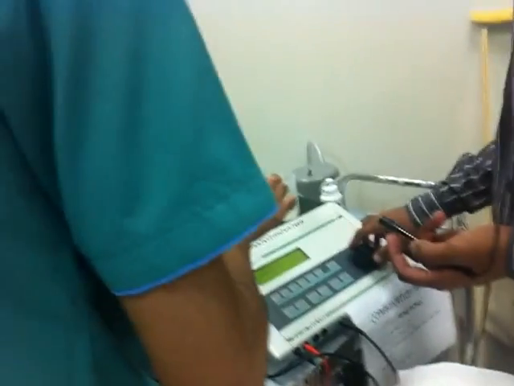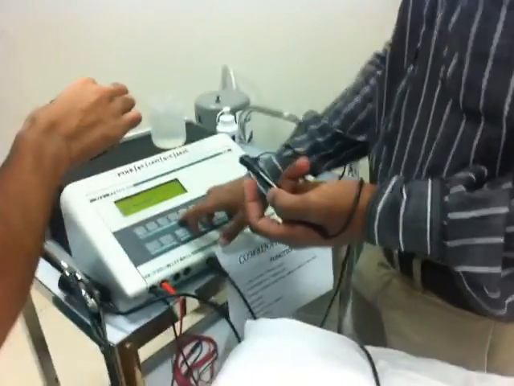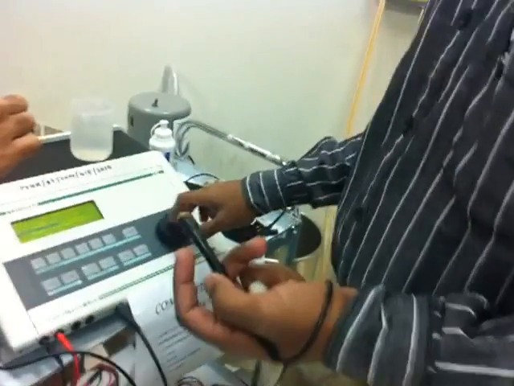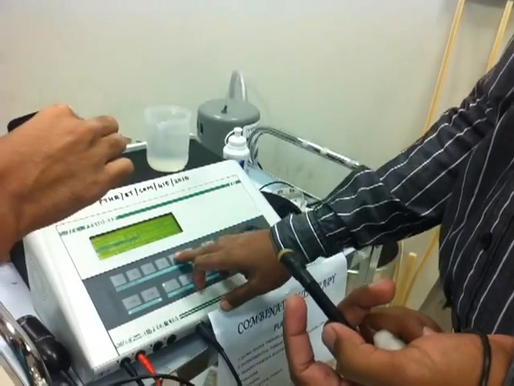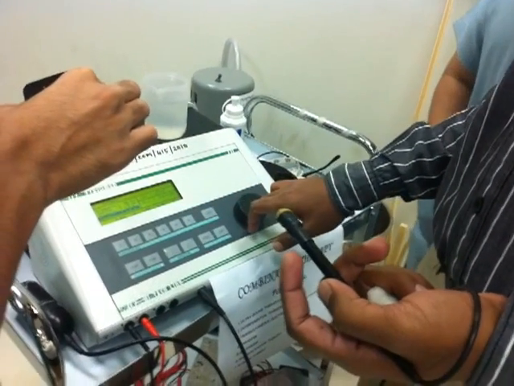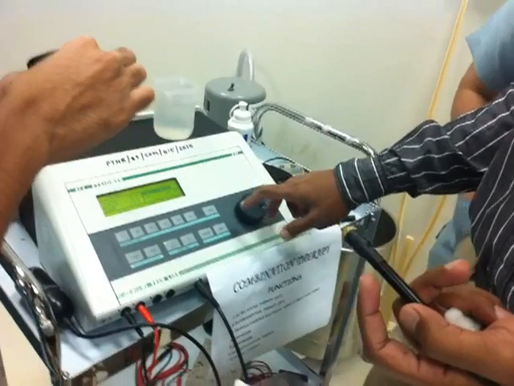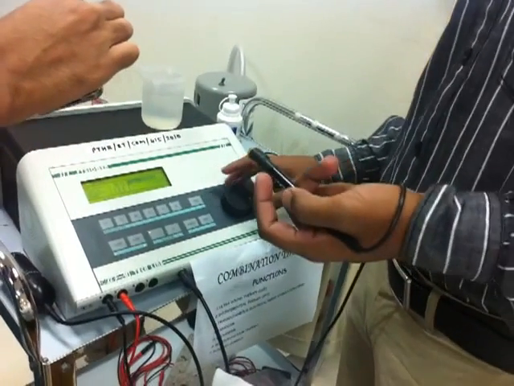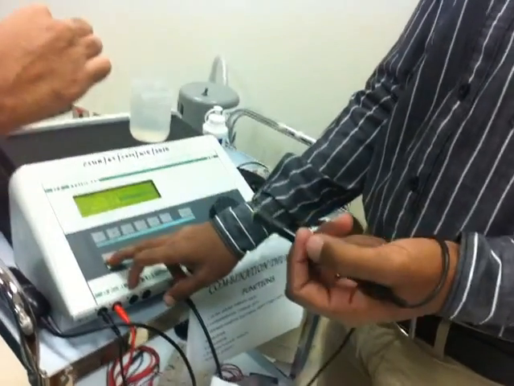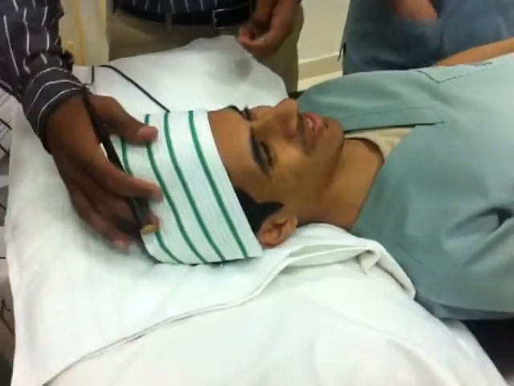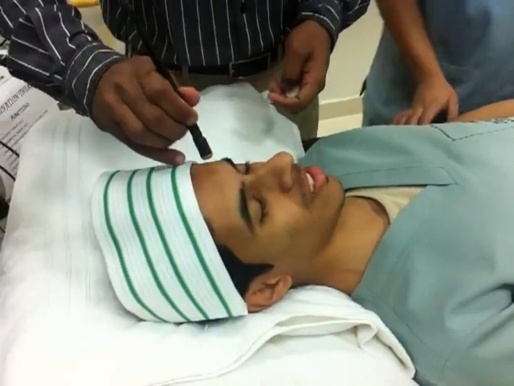It starts from 50. And then emission is 1. Time depends upon the muscle and the number of muscles to be treated. Okay, give start. Nothing will happen yet, so just keep it.